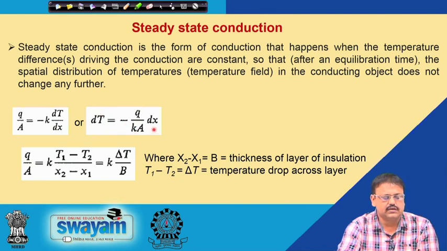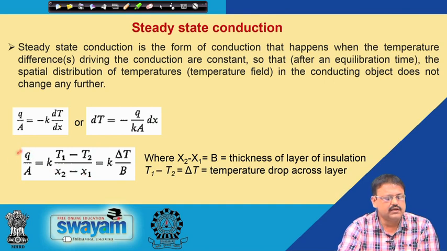If we integrate this equation with the limits from T1 to T2 and from x1 to x2, the minus sign is adjusted, giving T1 minus T2 and x2 minus x1.